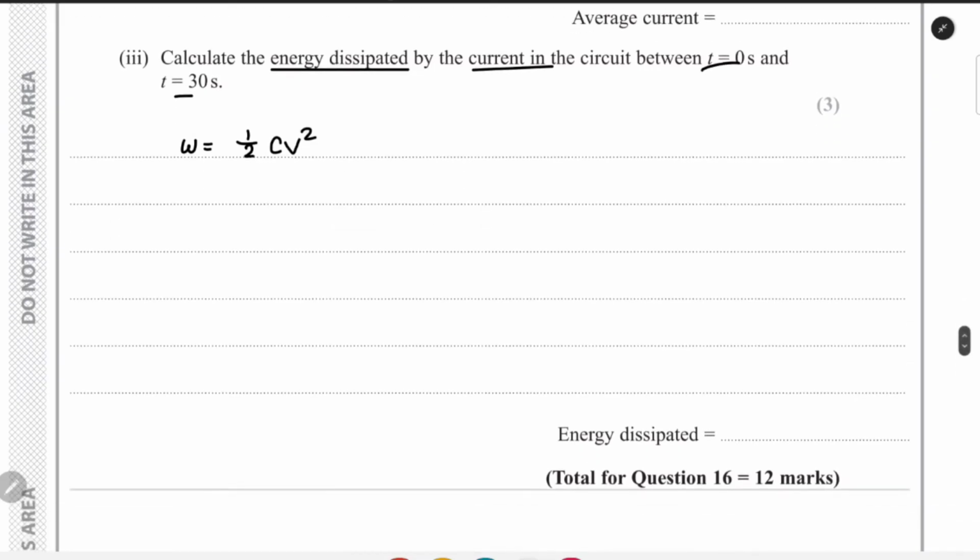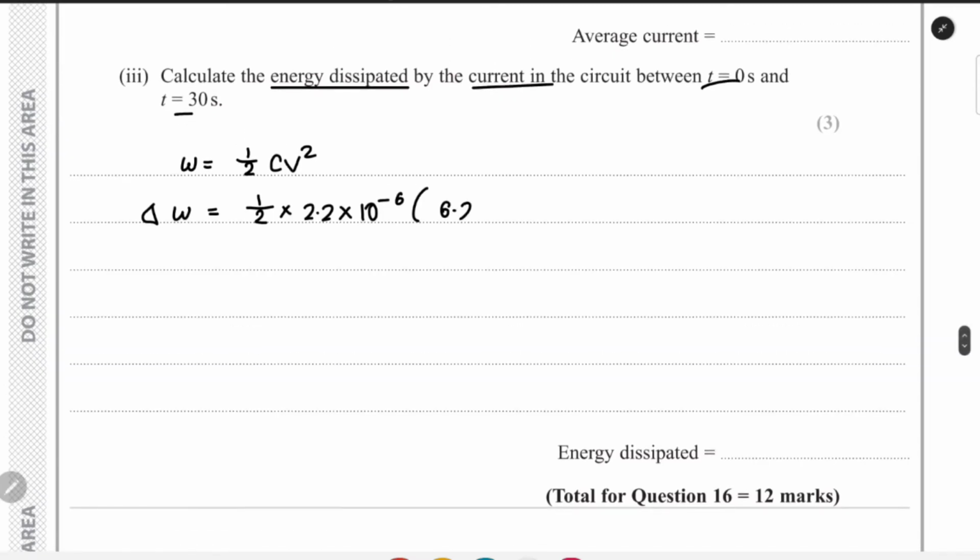Now the change in energy is the energy dissipated between t equals 0 and t equals 30. So half C is constant, so half times 2.2 times 10 to the power minus 6 is the same for both. And then we'll have 6.2 squared minus 1.8 squared.